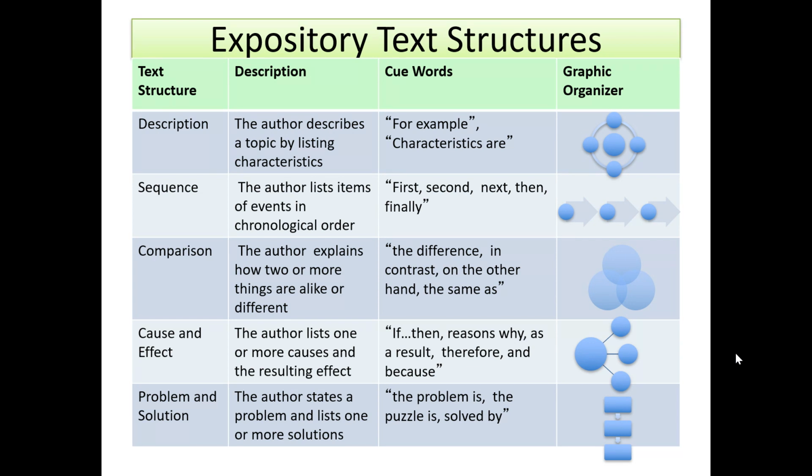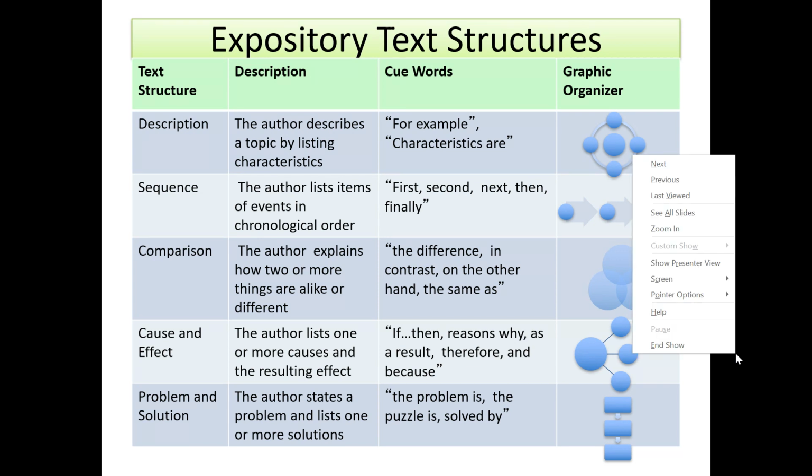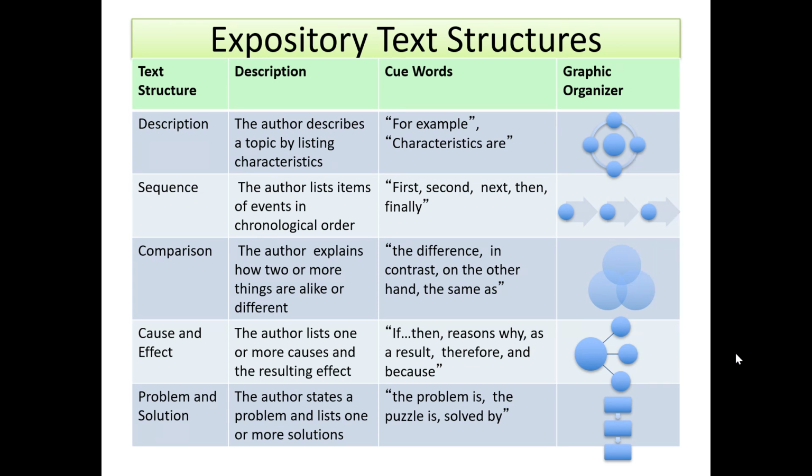The description text structure has its own description. Of course, in a description text, the author is going to describe something. And they'll use keywords like, for example, or characteristics are, or give some other description words in the description essay or text.